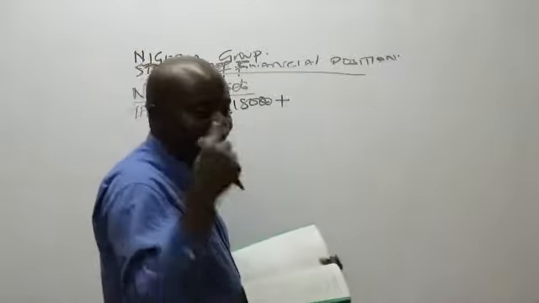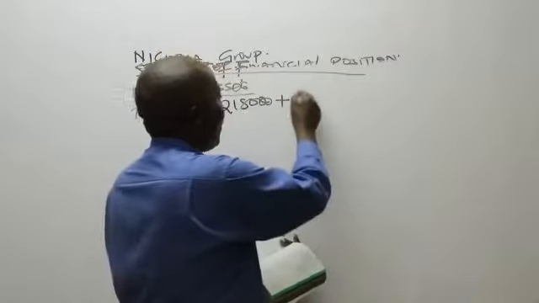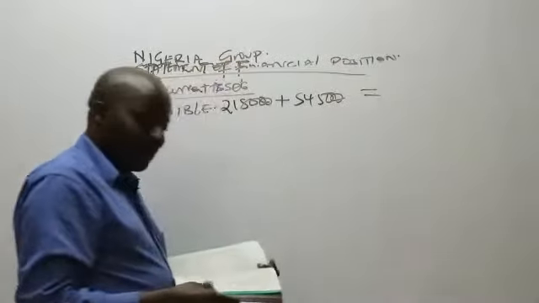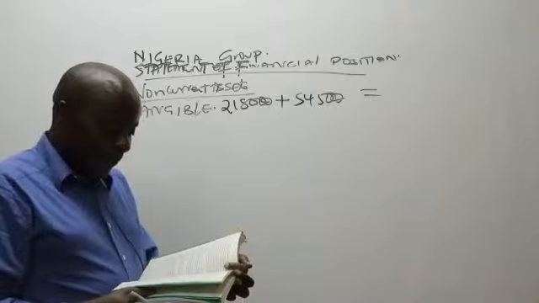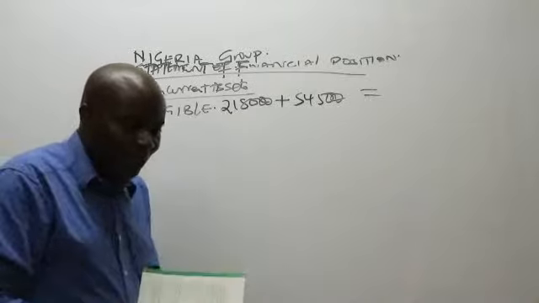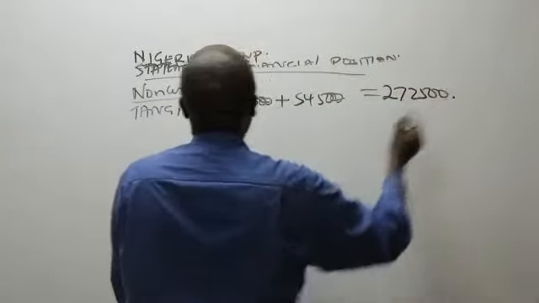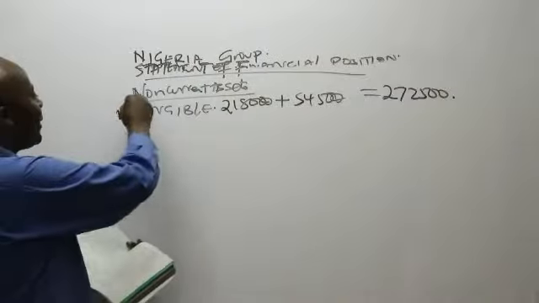And fortunately, we had adjusted the one of the subsidiary for the fair valuation. So plus 54,500. The figure comes to 272,500.